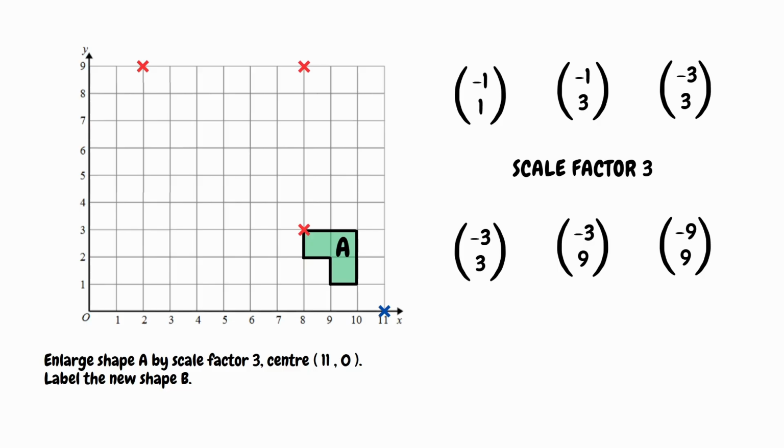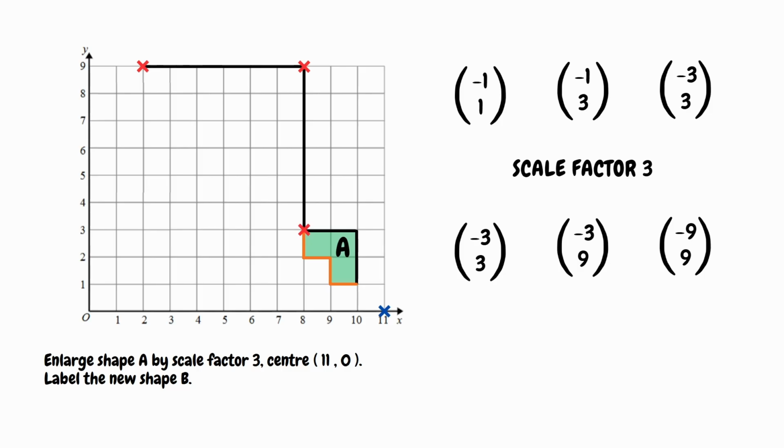So all I'm going to do now is join these points together. And we can see here the biggest outer dimensions on that first shape was a width of 2 and a height of 2. We now have a width of 6 and a height of 6. So now I need to find these remaining sides, which I've highlighted in orange. So instead of finding the extra points, all I'm going to do now is apply the scale factor to the dimensions of the sides.